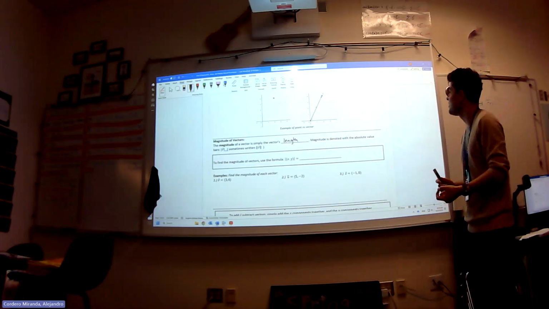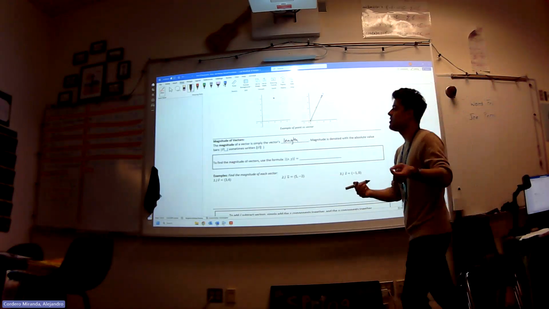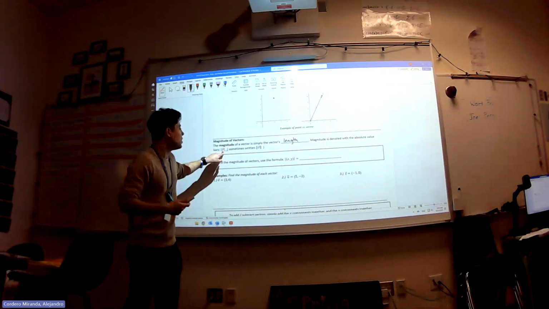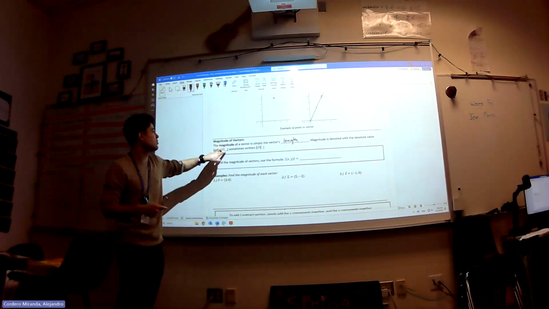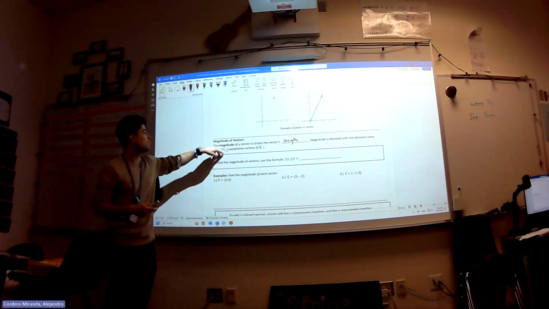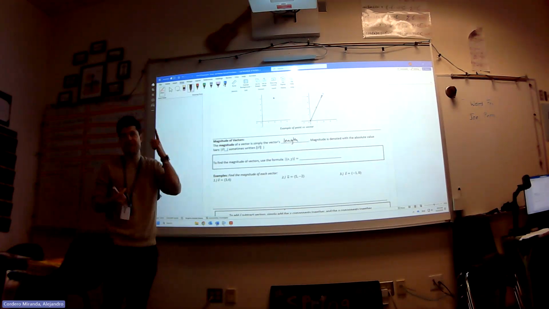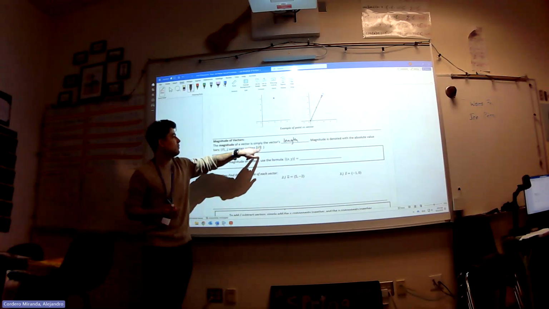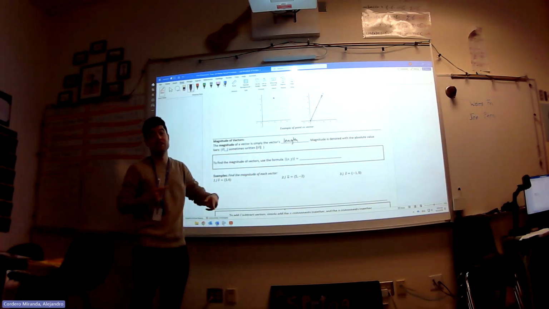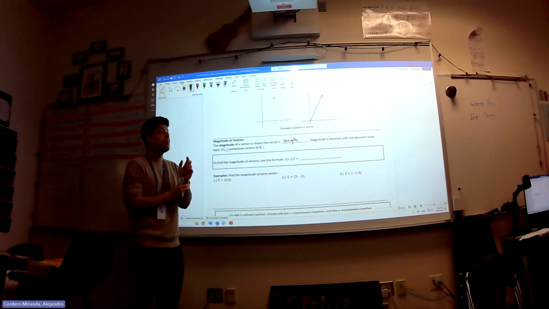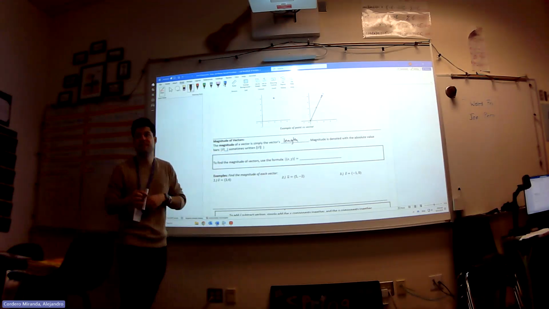You'll see magnitude denoted in different ways, but this is the most common way, at least in this class, with the absolute value bars. If you see absolute value of a vector, that means take the magnitude. Sometimes you see it with 2 absolute value bars, so you know for sure it's not a vector, but a lot of times they just do the single one.